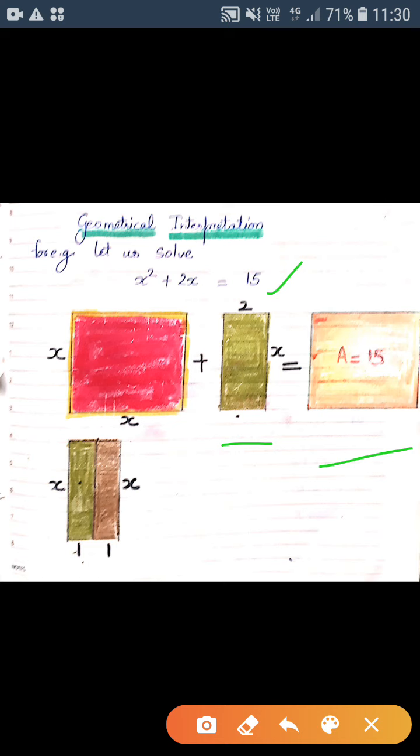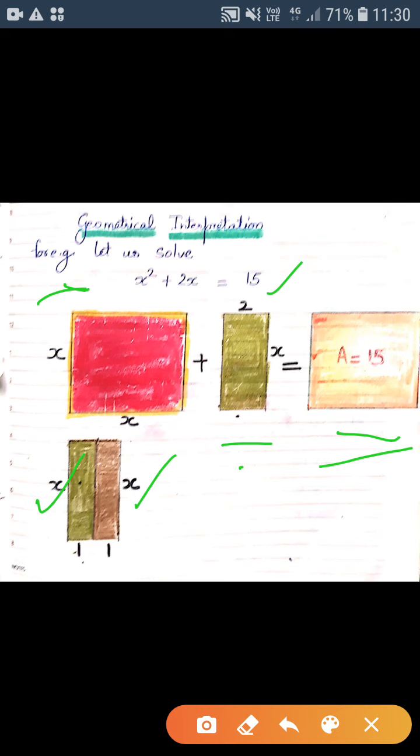We have to find the length of the side that satisfies this, so that the area on the left hand side is equal to the area on the right hand side. How do we do this? Let us break this rectangle into two equal parts, dividing the 2 unit length into 1 unit each, and we get two rectangles.